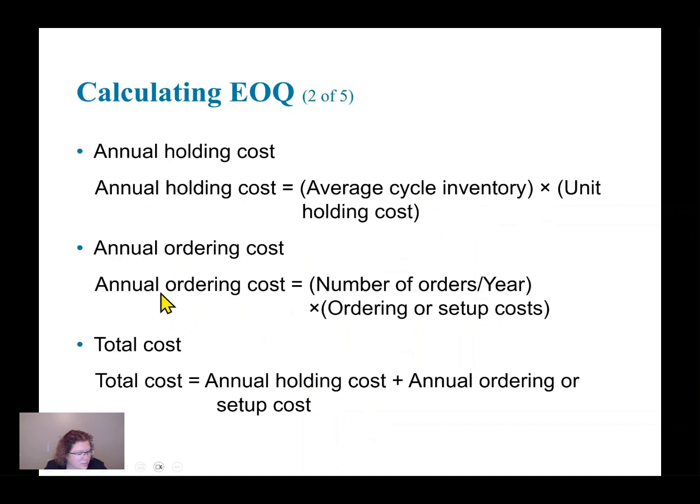So this would be the number of orders that you place per year times your average ordering cost. So our total cost would be these two costs together, our holding cost plus our ordering cost. Note that this cost equation does not consider the cost of the actual item. This only considers the cost of ordering and holding an item and then optimizing around ordering and holding costs.